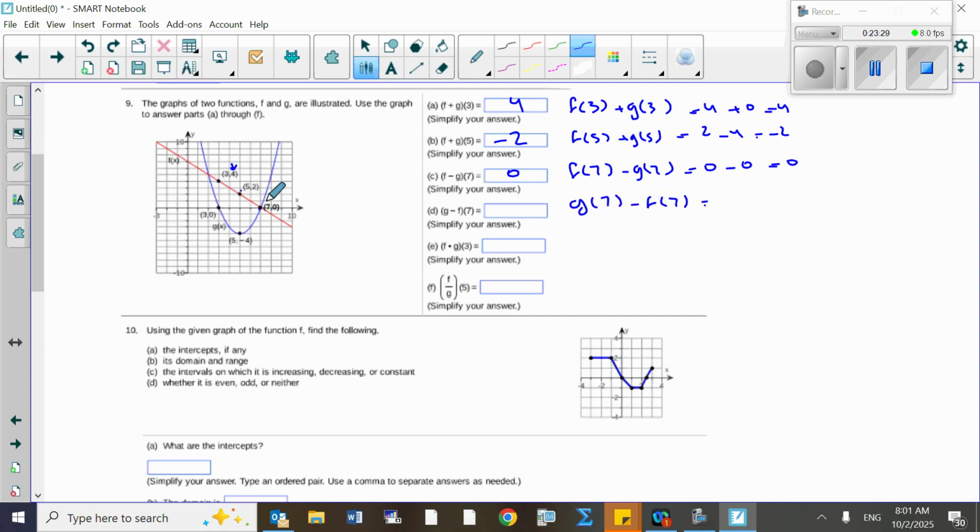Just find them again. f of 7 is 0, g of 7 is also 0, so that's 0. f times g of 3, so that's f of 3 times g of 3. f of 3 is 4, g of 3 is 0, so 4 times 0 will be, I'm sorry, will be 0. f over g of 5. So this will be f of 5 divided by g of 5. Okay, f of 5 is 2. g of 5 is negative 4. So you simplify, it's going to be negative 1 over 2.